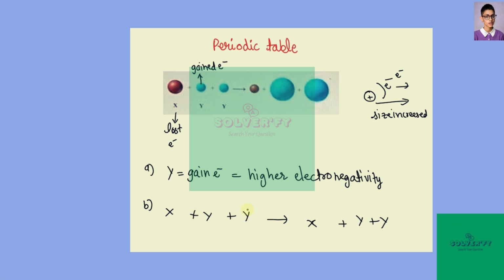If Y has gained the electrons, Y will get -1 and -1 charges. Now X has lost electrons to these two elements, so X will get a total +2 charge. So the total ionic charge on X will be +2 and the total ionic charge on two Y ions will be negative.